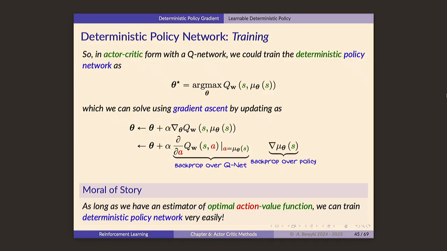Because for the update of the Q network, you need backpropagation over Q. For the update of the policy network, you need backpropagation over Q and the policy, right? So you just backpropagate over both of them, which makes sense. If you are doing any neural network, every time you want to update, you should backpropagate. But it's just one backpropagation, nothing more, so everything's cool, right? Everybody got the idea? I'm going to explain more.